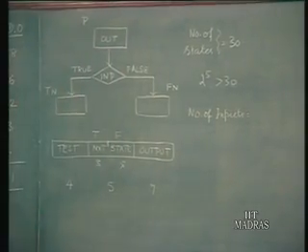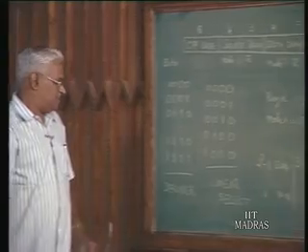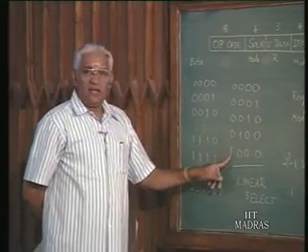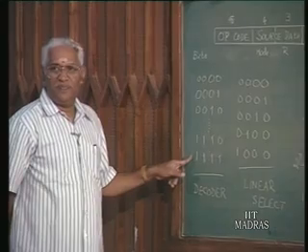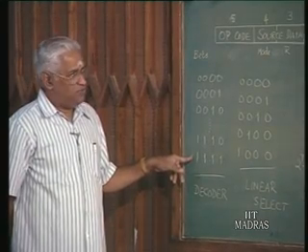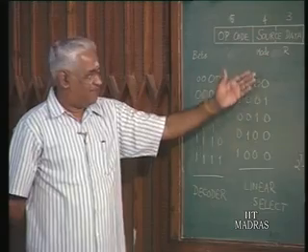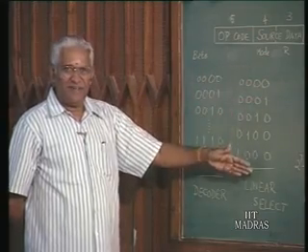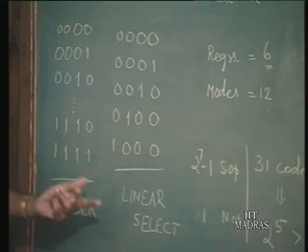When you have 4, what will be your inference? Go back to our coding. We have both linear select and we have decode type of arrangement. Suppose we use this code, the number of inputs will be only 4.